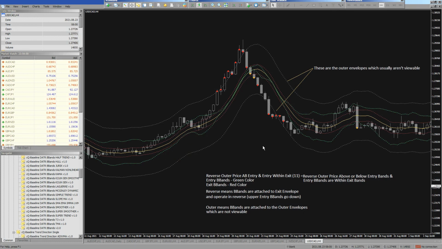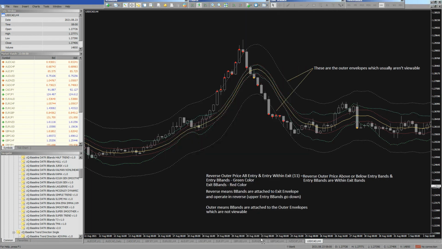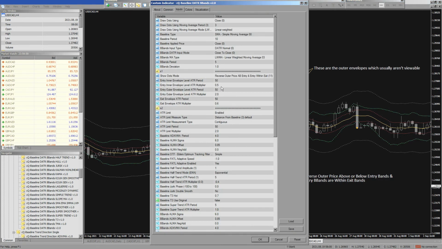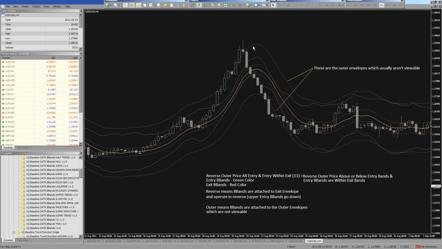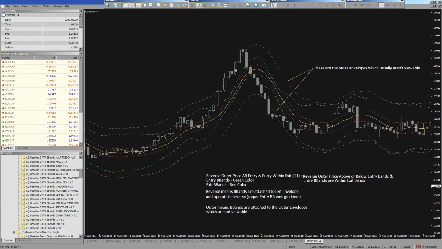So that's this mode. You could add this inner thing. You could have a limit on the inside, get it right next to that. Or you can erase the outer envelope, which again, this is just an envelope indicator just to demonstrate this line. It's not actually a part of this indicator at the moment.